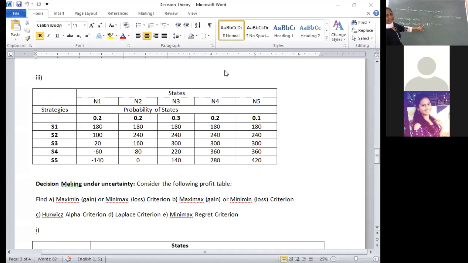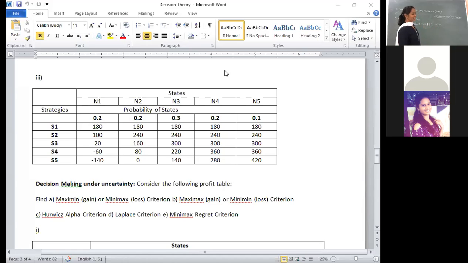Here, alpha, they will give the value of risk. In general, most of the times they will give the alpha value in the final examination. If they don't give it in the final examination, you have to assume and write it. Assumption is that alpha is risk or optimism. 1 minus alpha, where have you studied 1 minus alpha? Hypothesis testing. Correct?